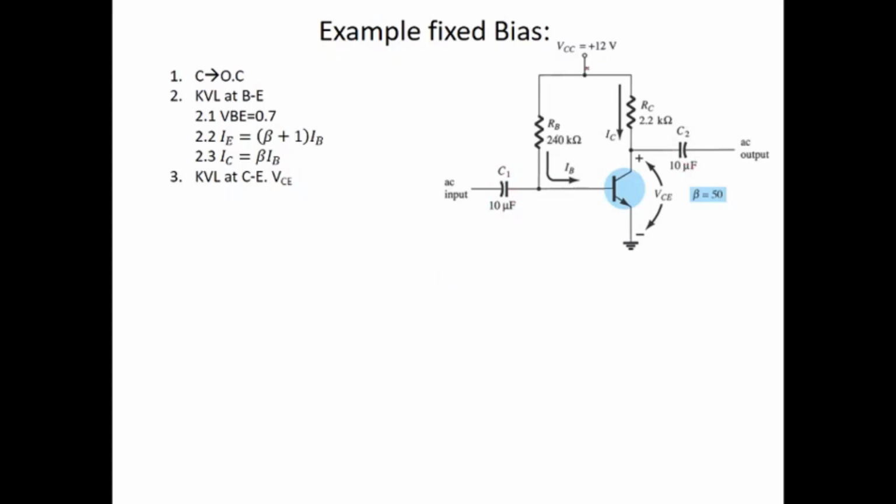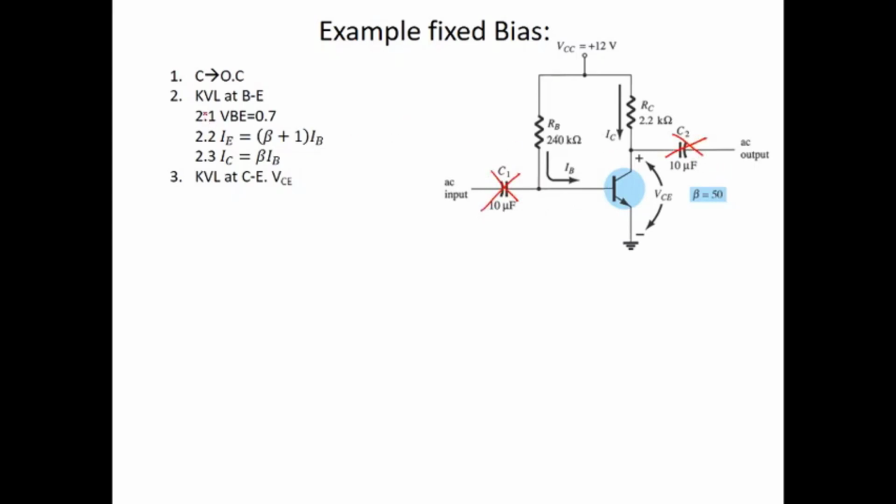The bias DC voltage is plus 12 volt. We can go through the general procedure step by step. First, the capacitors need to be replaced by open circuit, so C1 and C2 are removed.